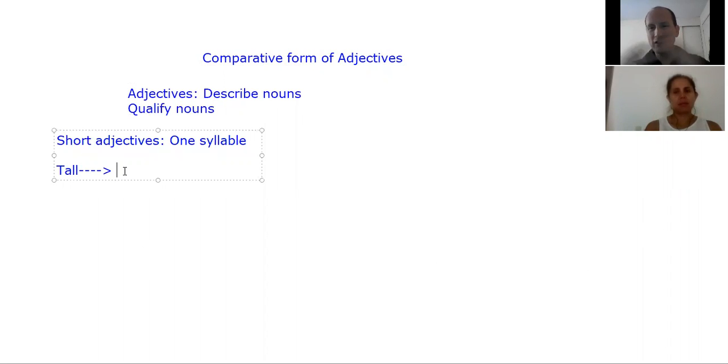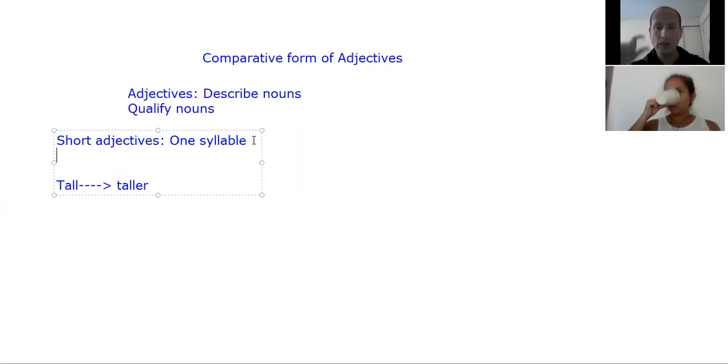Okay, well, perfect. You use it in a close way. However, the correct form is like this: the comparative form of tall is taller. When you have short adjectives, or one-syllable adjectives, some of the two-syllable ones too, you add the suffix er to the adjective.